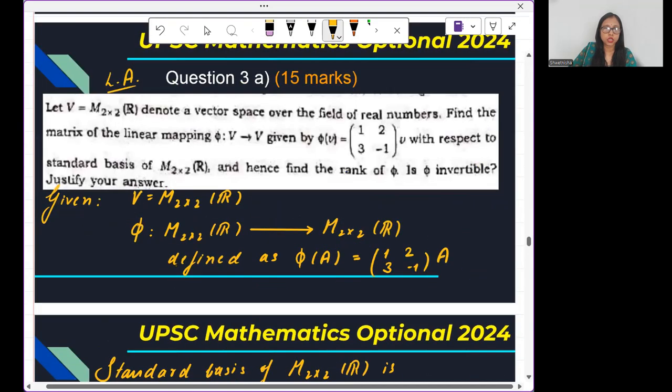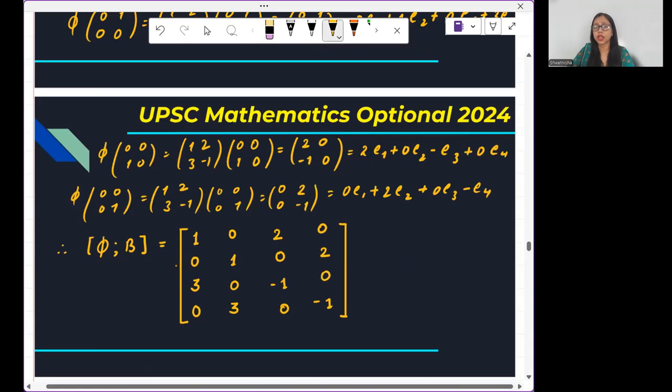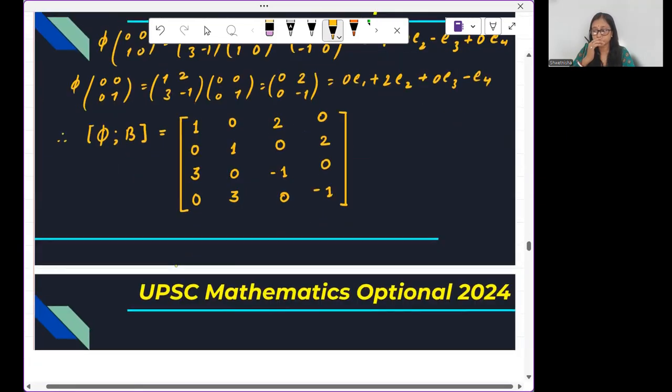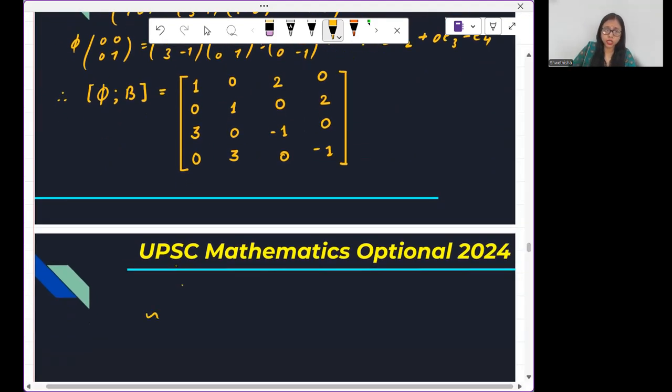What is it asking after that? And hence find the rank. Rank I can find by just finding the rank of this matrix. You can very easily reduce it to the echelon form. This is equivalent to 1, 0, 2, 0, 0, 1, 0, 2.